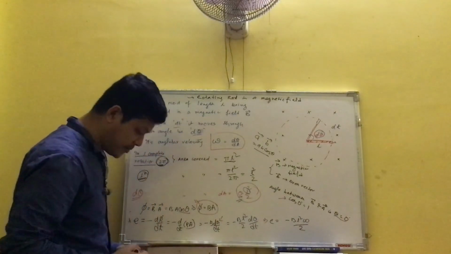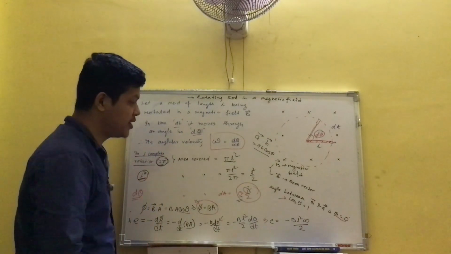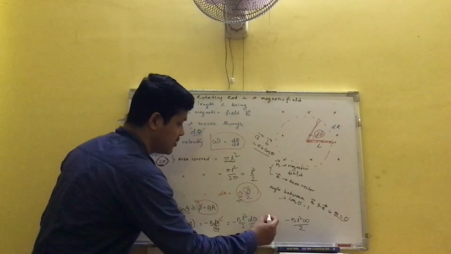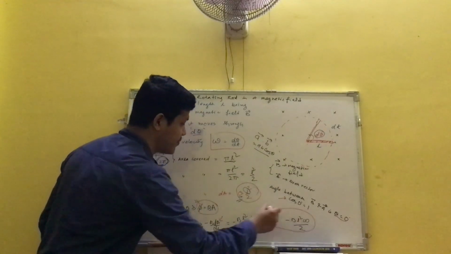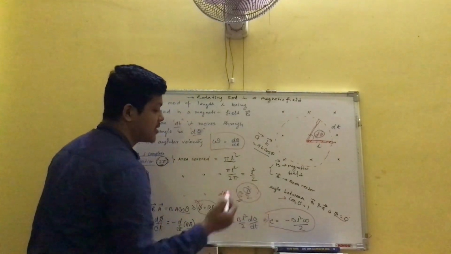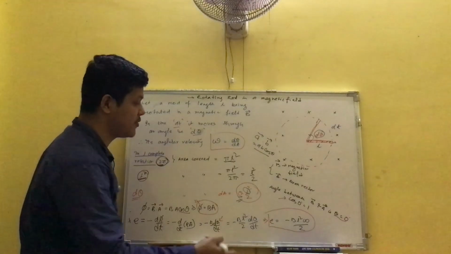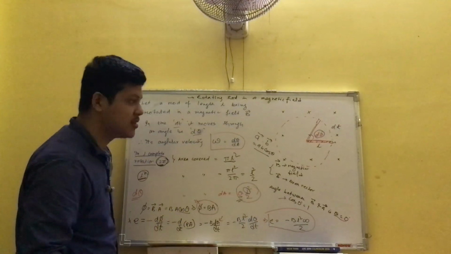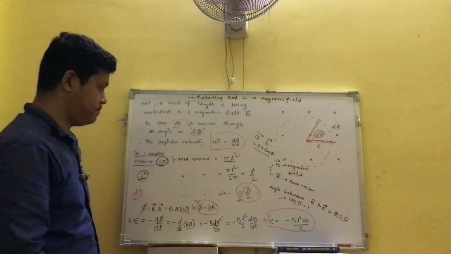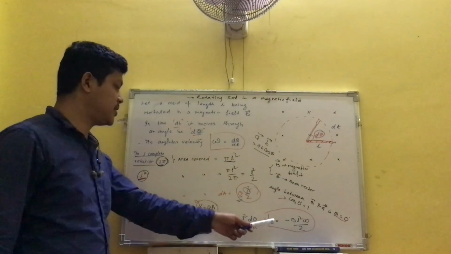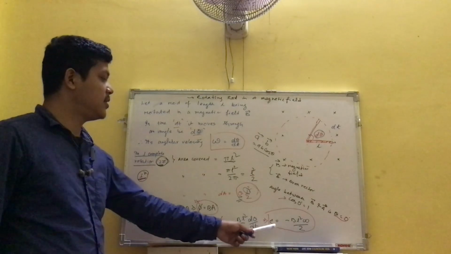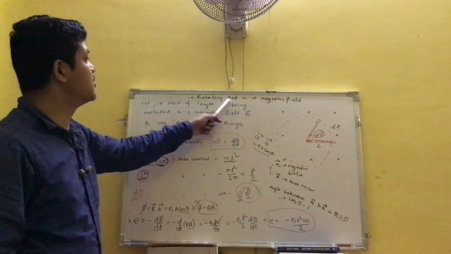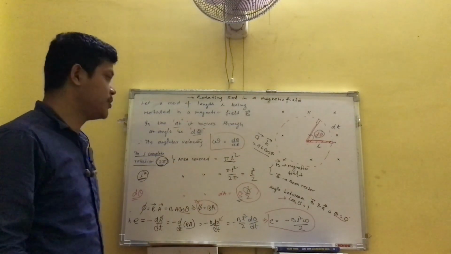So this is the expression for EMF, or you can write half B L square omega. This minus sign comes from Lenz's law, and if you need to find the EMF only, then you can ignore this minus sign. Remember that. So this is the expression for EMF in a rotating rod in a magnetic field. Hope you have understood this.